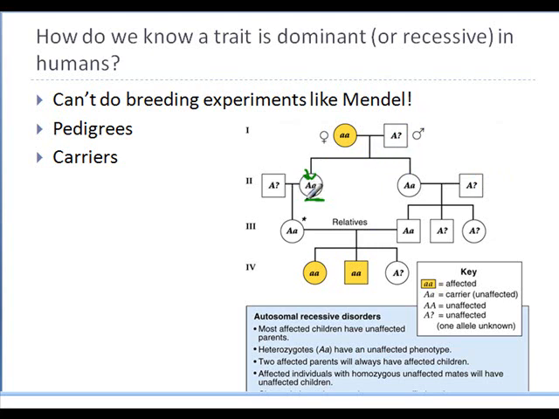But since both of these children are not affected, this indicates that the parent must have been capital A, or the dominant or the unaffected, because if this parent was, for example, heterozygous, then one of these children might have been affected.